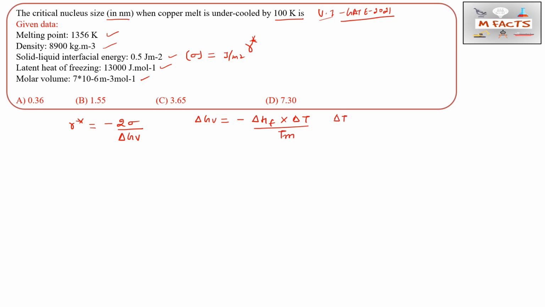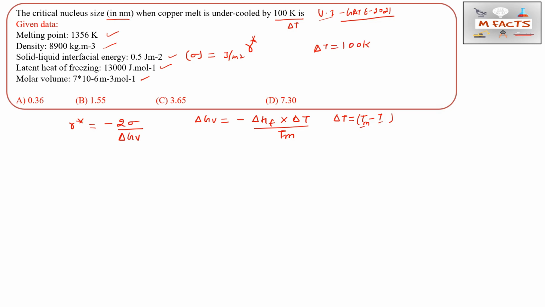Delta T equals Tm minus T, where T is the working temperature and Tm is the melting temperature. In this question delta T is directly given, that is 100 Kelvin.